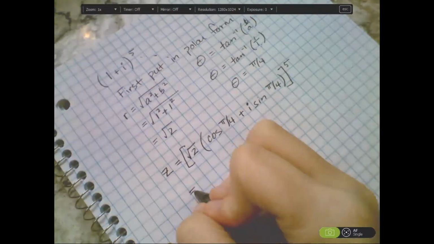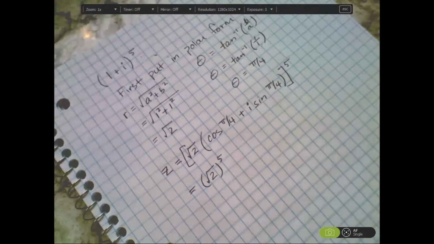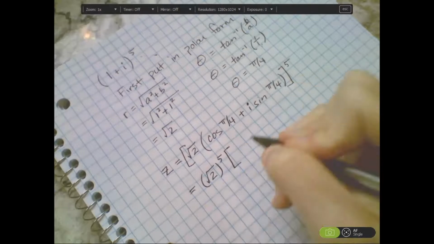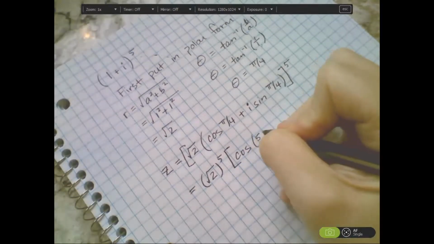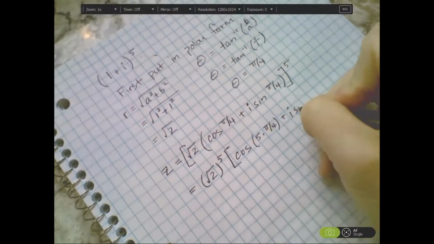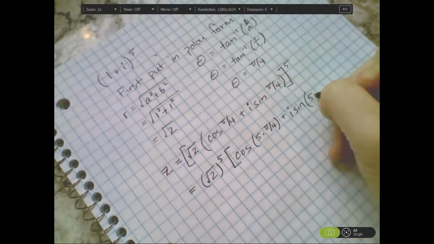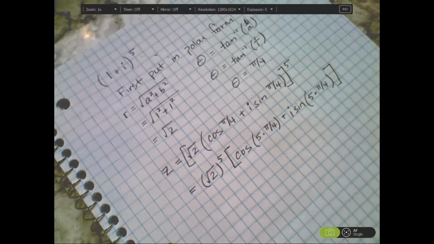Then that means I'm going to have root 2 to the 5th power, then cosine of 5 times pi over 4. I'm going to do the same thing with my sine, 5 times pi over 4.